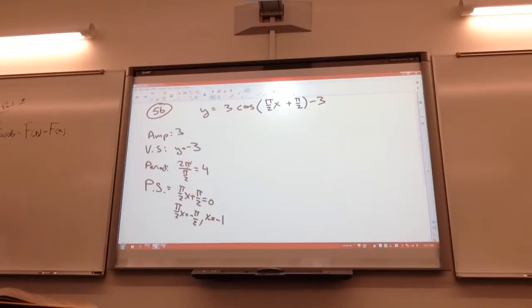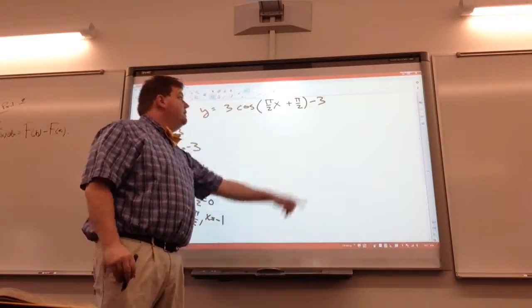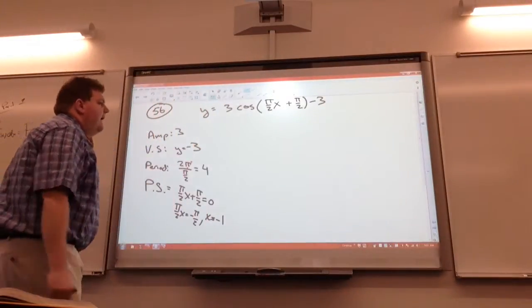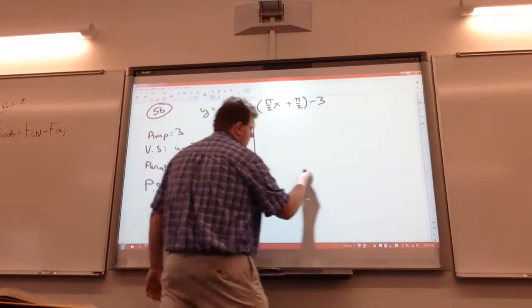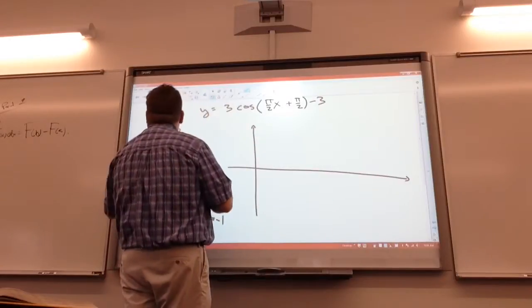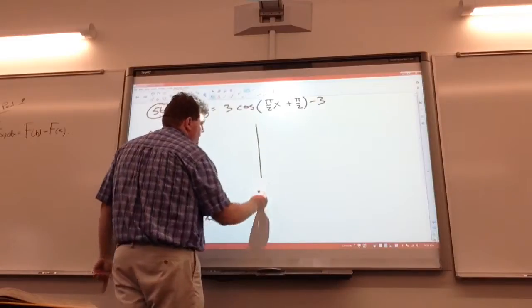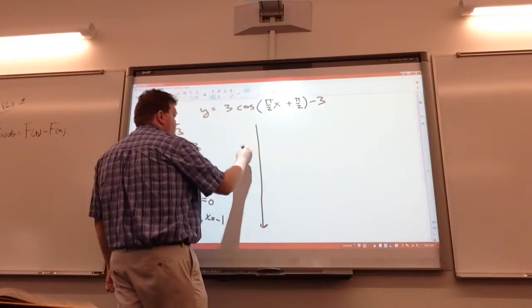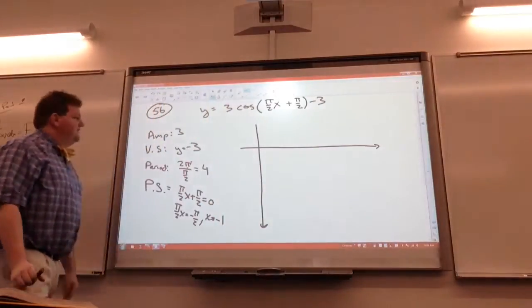From all this, I can actually do a good graph of this function. What I'm going to do first, of course, is draw my axes out. Actually, let me fix these axes. We want a very large negative y section. Why would that be the case?